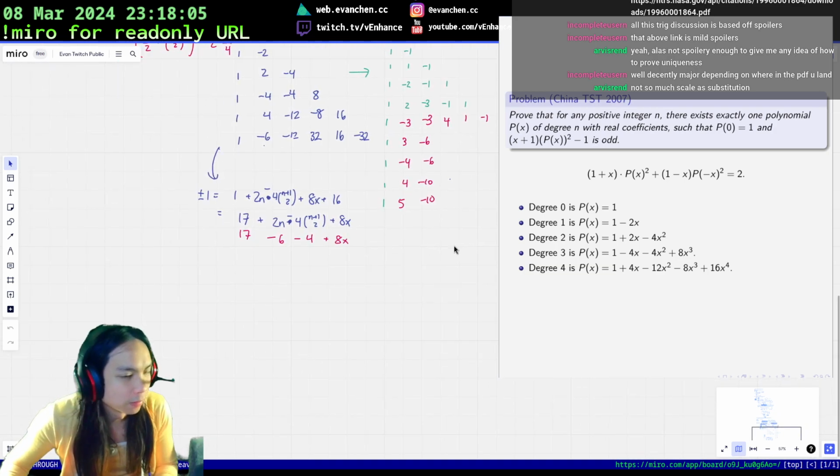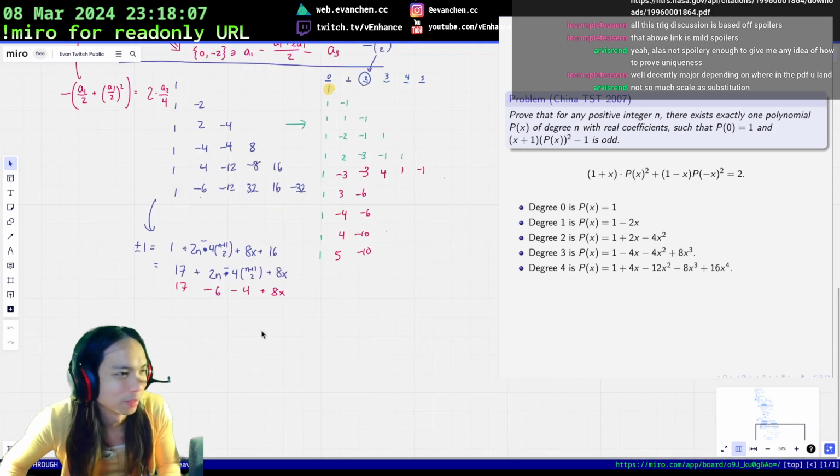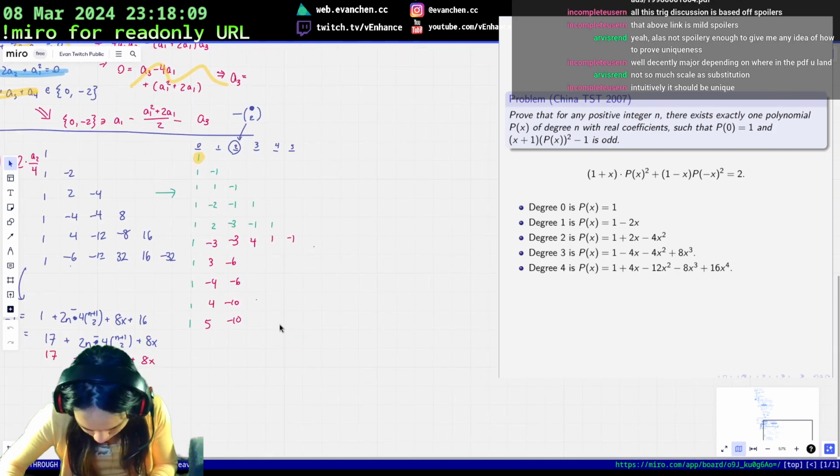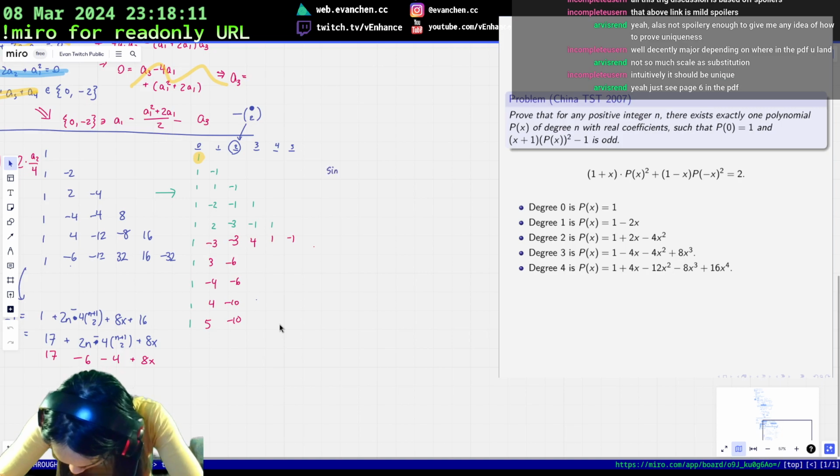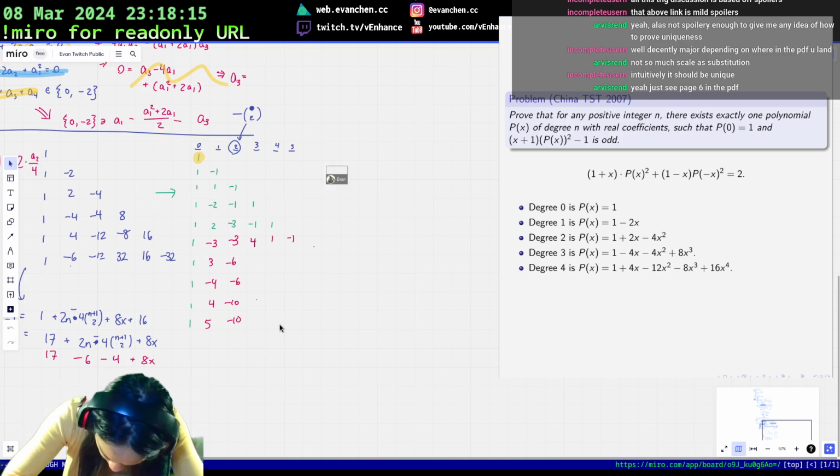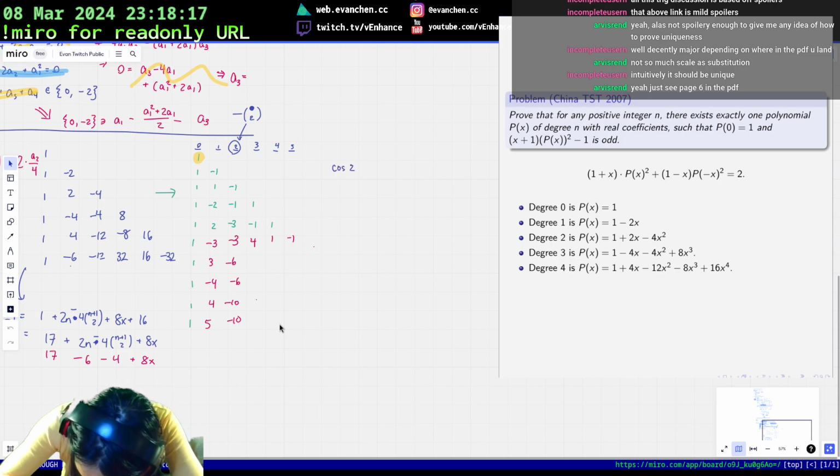That's a pretty big spoiler actually. Sine theta, or cos 2 theta is... these are the ones that I happen to still remember off the top of my head.